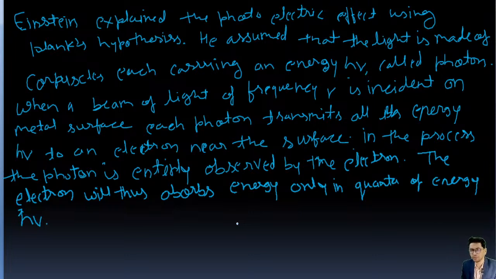It may be h nu, 2 h nu, 3 h nu, 4 h nu, 5 h nu, and so on, but it will be an integral multiple. So n would be 1, 2, 3, and so on, an integer. So the electron will absorb energy in integral multiples of h nu.